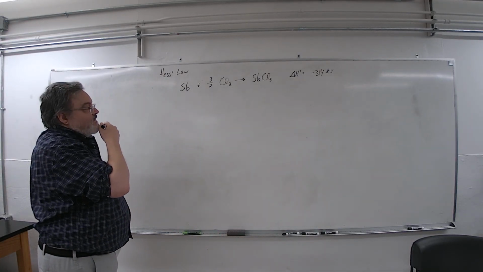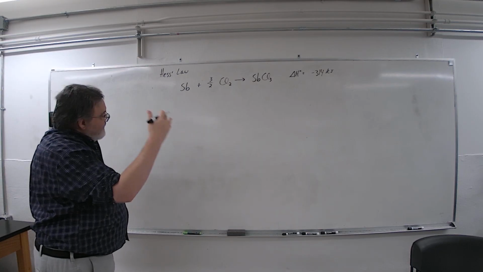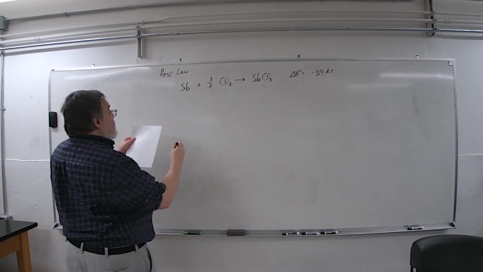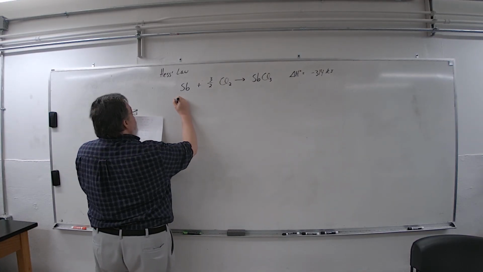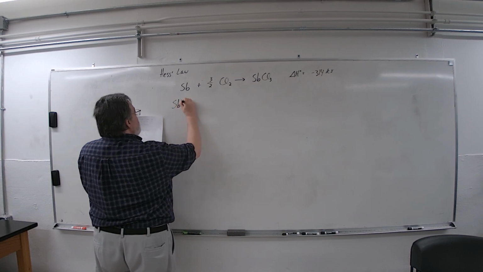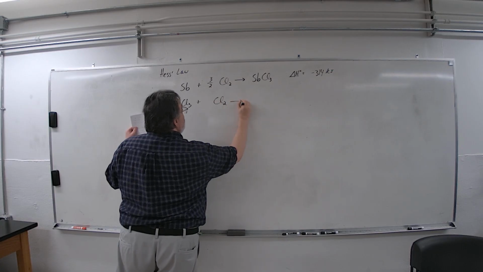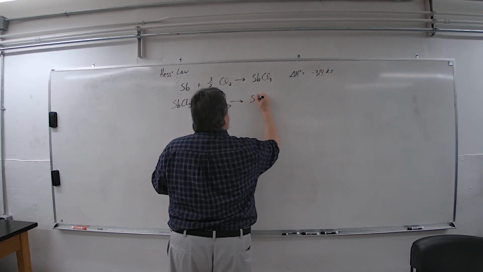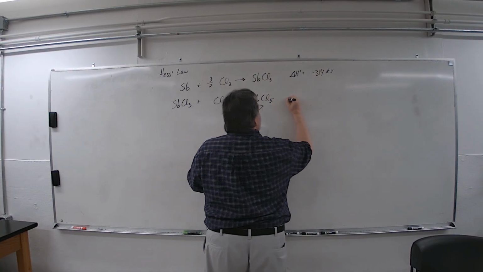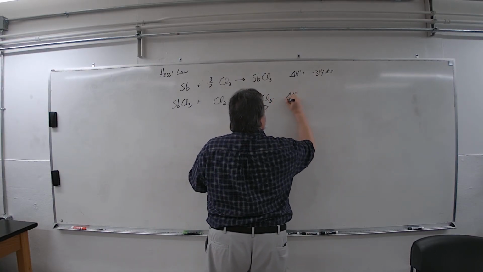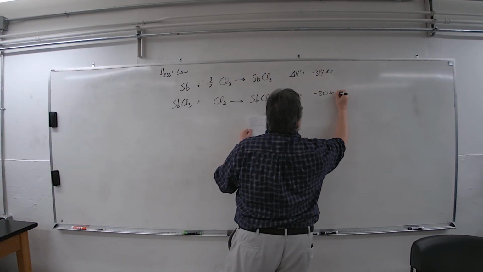So at the end of class last time, I showed you the simplest way to do calculations with these. This is slightly different. It's based on Hess's law. Assume you have this reaction, and you're also given SbCl3 plus Cl2 is SbCl5, delta H is negative 80 kilojoules.